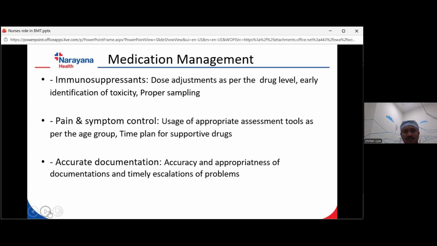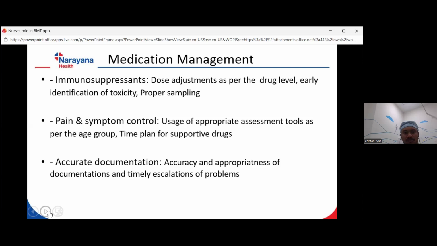That is also very important: antiemetics and pain medication must be administered at the proper timing. Especially antiemetic drugs must be administered before the diet the patient is taking. So the supportive drugs timing also needs to be fixed by the nurse as per the situation.